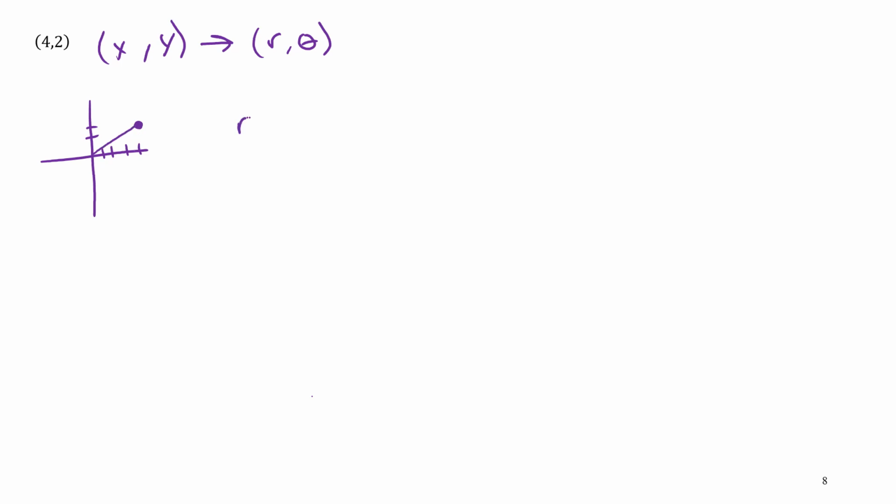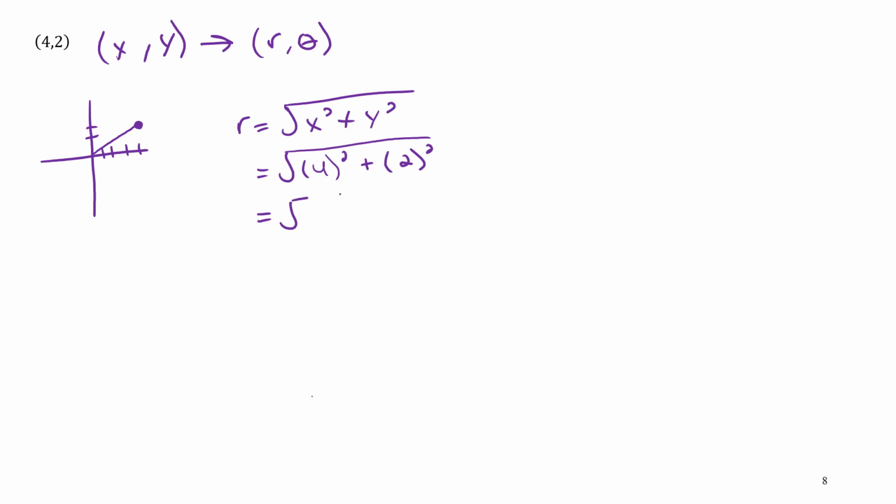For r, remember how we were just looking for the r value, we could write it as the square root of x squared plus y squared, all under a square root. We know that our x is equal to 4 and our y is equal to 2. 4 squared is 16, plus 2 squared is 4, and you'd get the square root of 20.